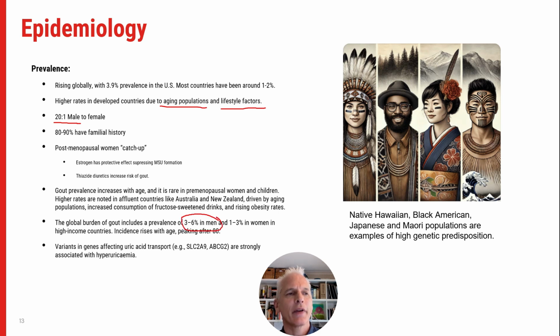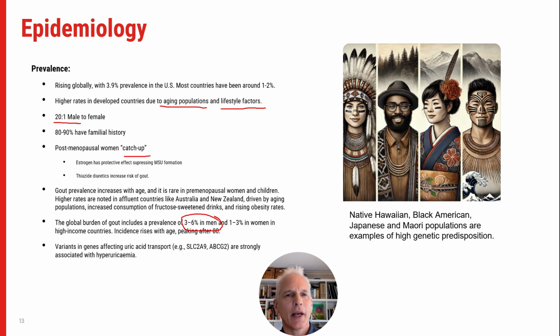The global burden of gout includes a prevalence of around about 3 to 6% in men and 1 to 3% in women. Now, women do have something called a catch-up phase. The catch-up phase is after menopause. Estrogen does protect against the production of monosodium urate formation, and once you pass menopause, the rate of monosodium urate increases.